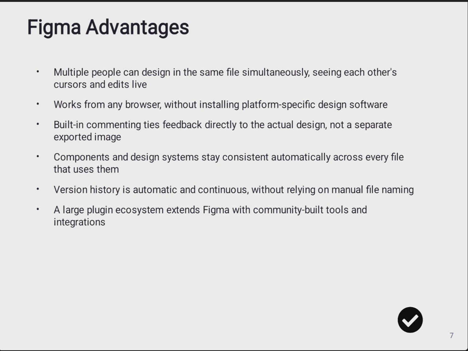Components and design systems stay consistent automatically across every file that uses them. Version history is automatic and continuous, without relying on manual file naming. A large plugin ecosystem extends Figma with community-built tools and integrations.